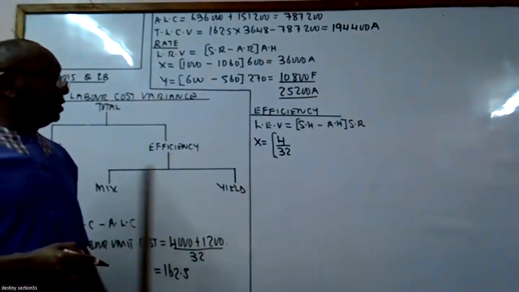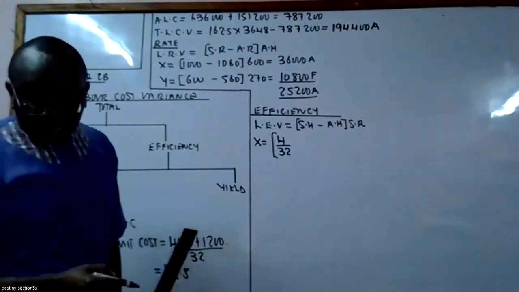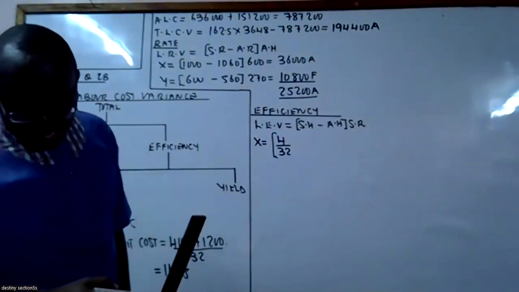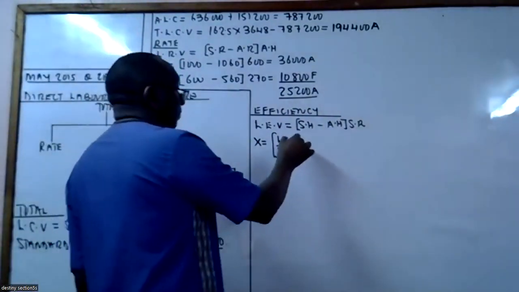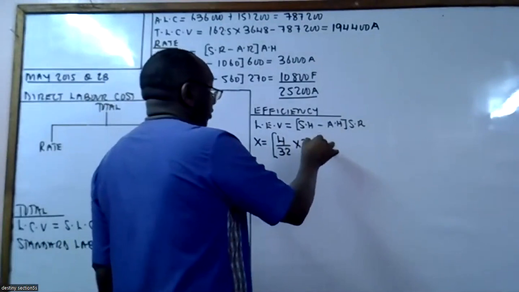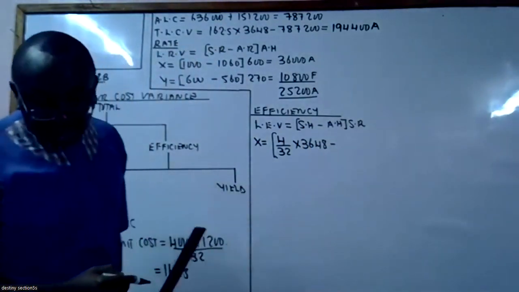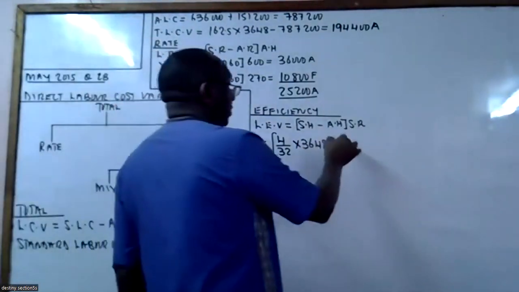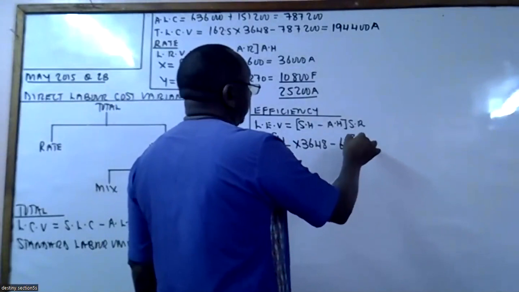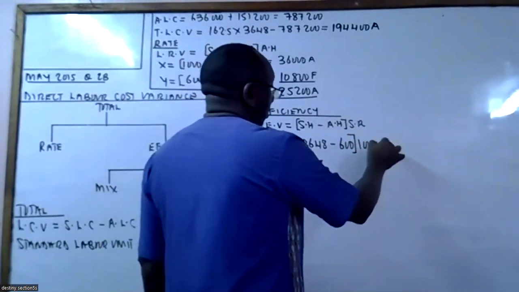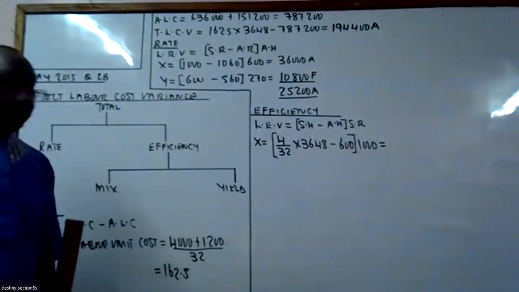So when you divide, you're able to know what 1 unit should have taken. Then you multiply by the actual output, which is 3648, minus the actual hours of 600. The standard rate there is 1,000.